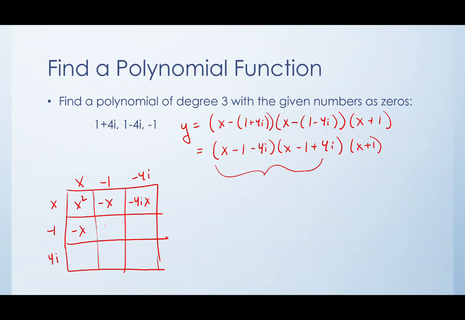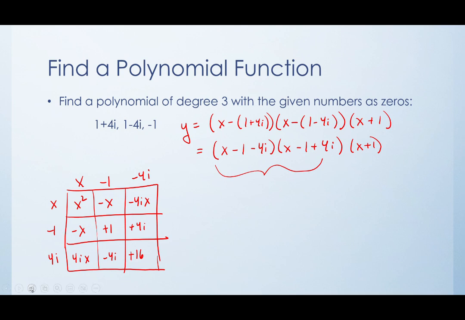Minus x plus 1 plus 4i, no, just 4i, sorry. Let's see, x times 4i, so 4ix. Negative 4i, and 4i times negative 4i, so negative 16i squared, but i squared is -1. There we go.